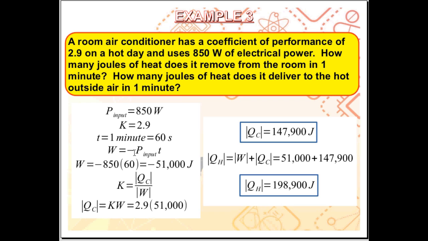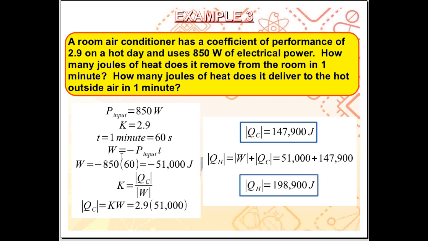W is negative because of the sign convention for work done. Work done by the system is positive, whereas work done on the system is negative. For an air conditioner, work is done on the working substance so that it is able to take heat QC from the cold reservoir.